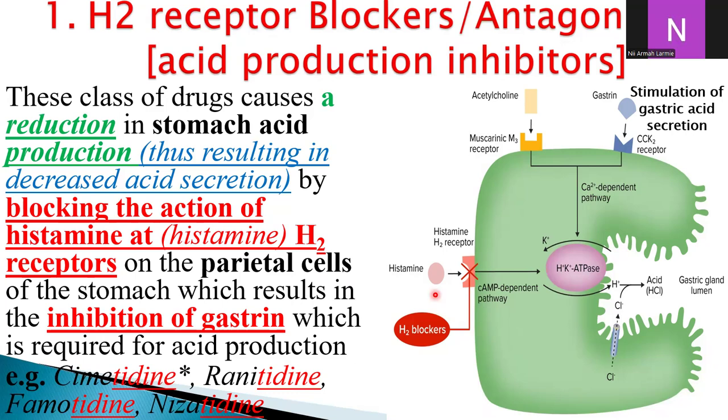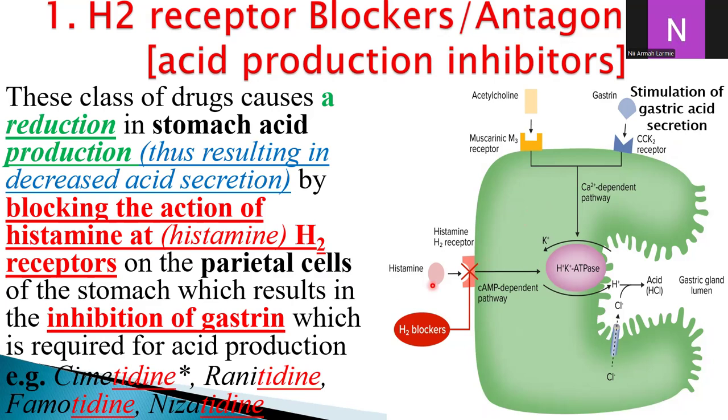And in doing so, we prevent the production and secretion of the HCl. In other words, H2 receptor blockers work by reducing the production of the HCl, the stomach acid, and by reducing secretion ultimately, because once production is decreased, the amount to be secreted is also decreased.